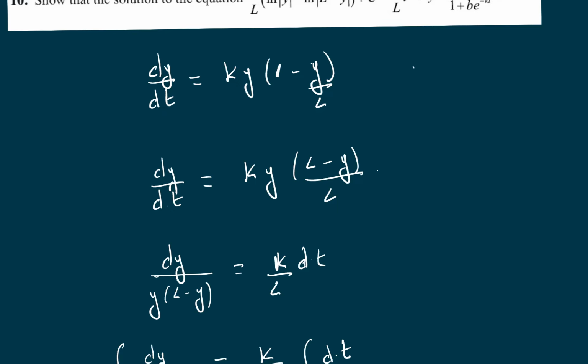So y of t, the solution of the differential equation, can be written like 1 divided by 1 plus b e to the minus kt. This is the solution to the logistic equation. Because there is an L here, the L will appear here.